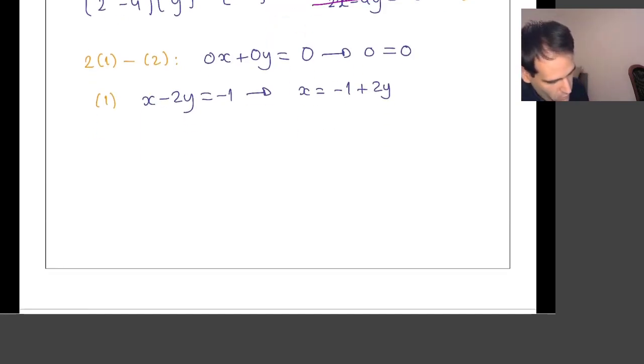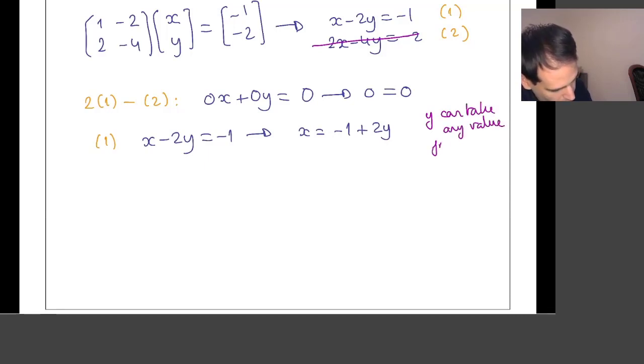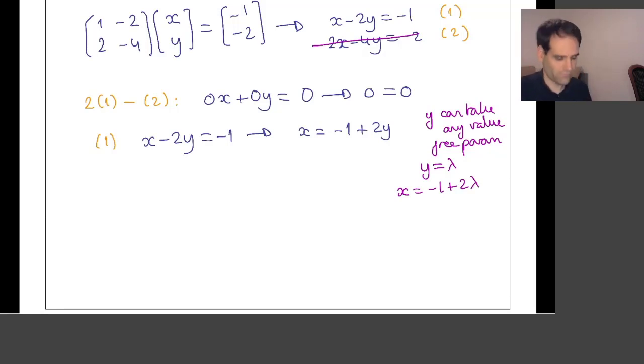One way we can write the parametric equation of the line is to say y can take any value. So it is a free parameter. So we can say that y equals alpha, or lambda, as we are normally using. And therefore, x equals -1 plus 2 lambda.